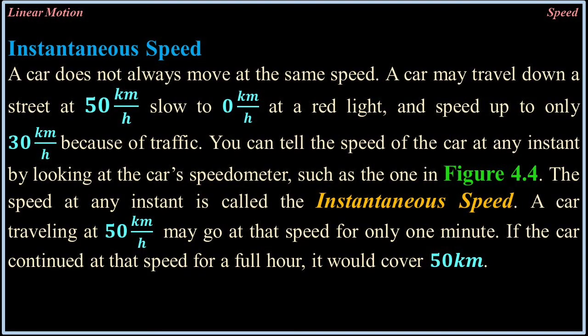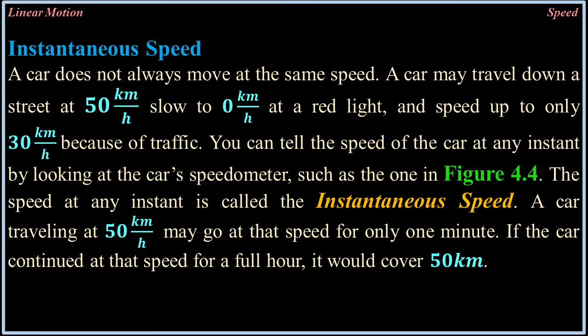Instantaneous speed. A car does not always move at the same speed. A car may travel down a street at 50 kilometers per hour, slow to 0 kilometers per hour at a red light, and speed up to only 30 kilometers per hour because of traffic. You can tell the speed of a car at any instant by looking at the car's speedometer, such as the one in figure 4.4.